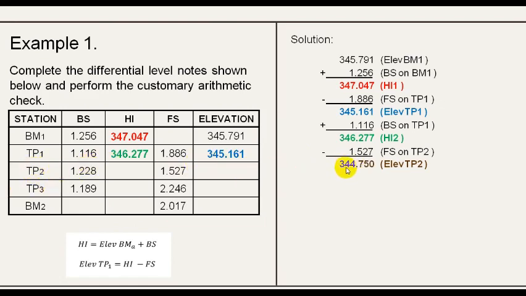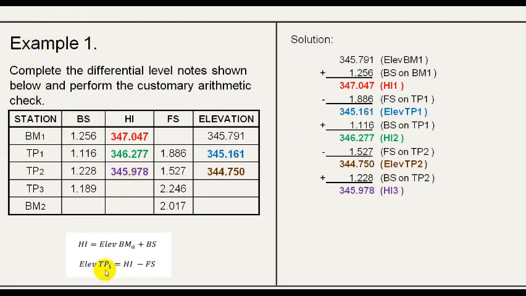It would be equal to 344.750. Then, again, elevation sa turning point 2 plus backside reading sa turning point 2 is equals to HI na po sa HI for our third setup. So, it would be equal to 345.978.